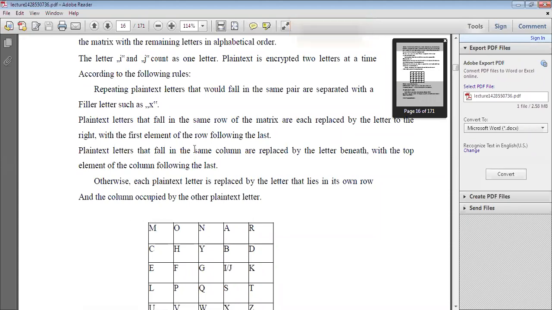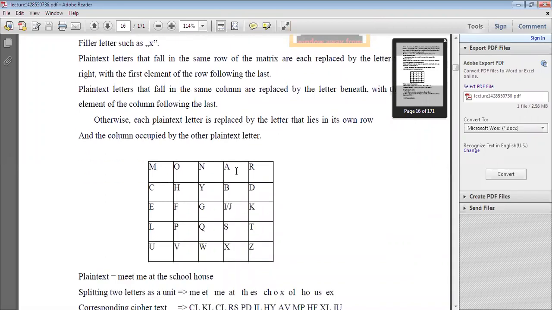First, the key you are using is placed in this way. Monarchy is the key: M-O-N-A-R-C-H-Y. So first the key is arranged into the 5 by 5 matrix.